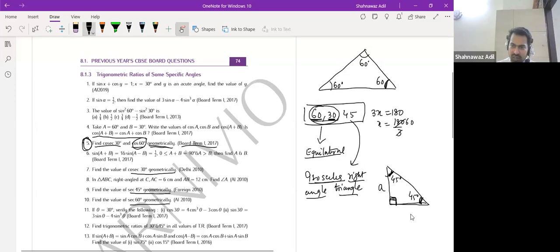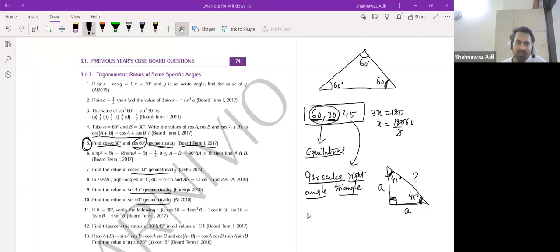So this is A, this would be A. What would be this? Hypotenuse. Of course, yes. So what would be the value? What would be the value?